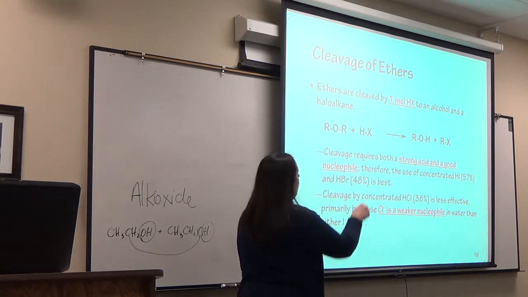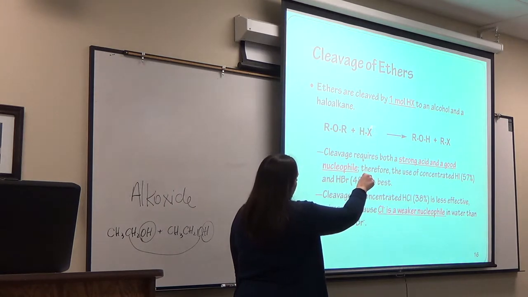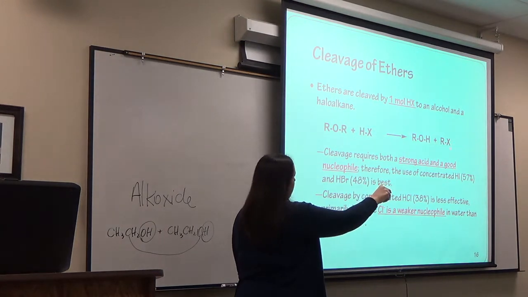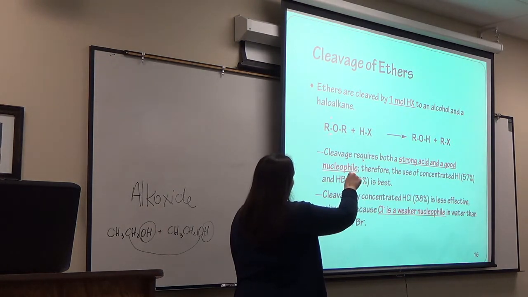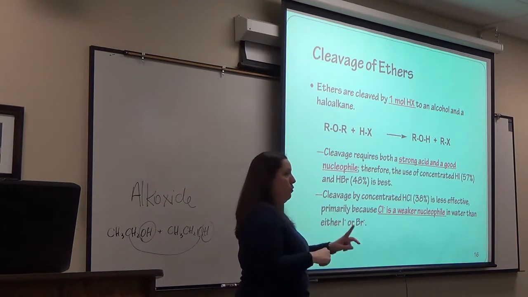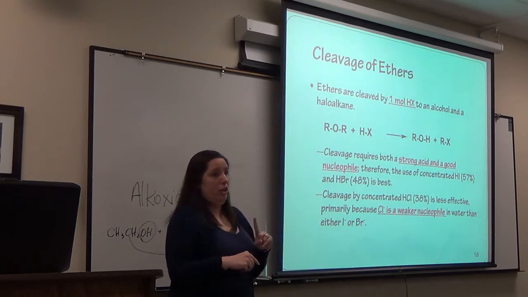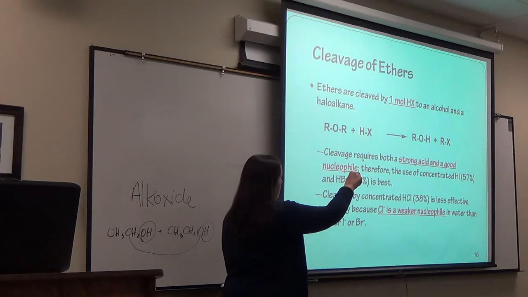And if you have 1 mole, then you have 1 X. So you're going to be able to break that bond and make RX, and then the RO is going to combine with the H to make your alcohol. So you get 1 alcohol and 1 halide if you have 1 mole of HX.